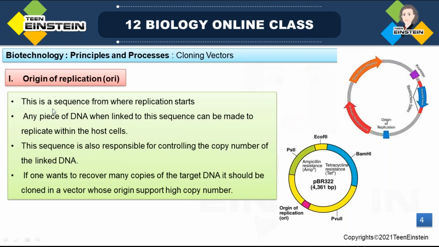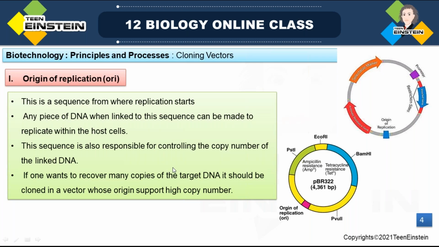Origin of replication means the sequence from where replication is starting. With that, the piece of foreign DNA which is linked to the sequence can be made to replicate along with the host cell. That sequence present at the origin of replication is responsible for controlling the copy number of that linked DNA.